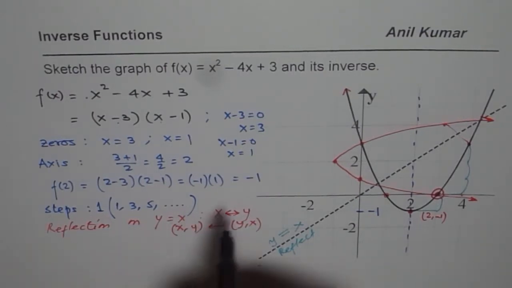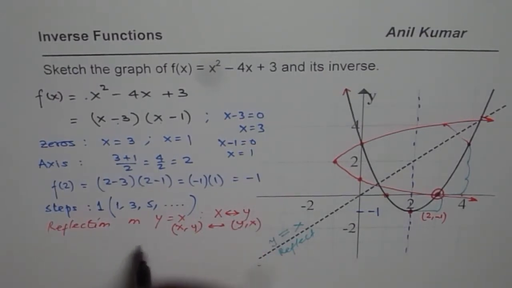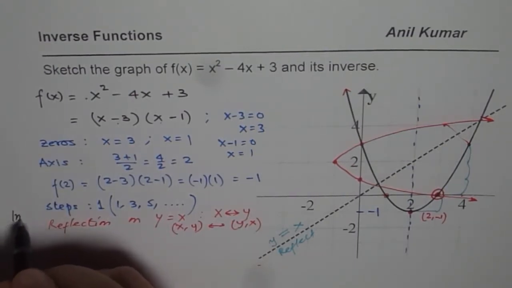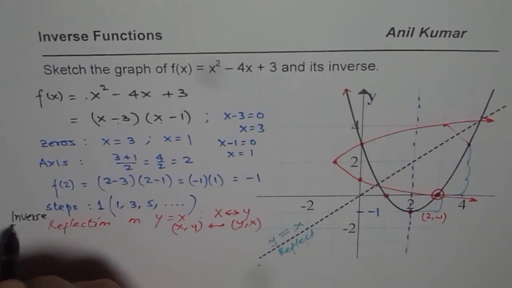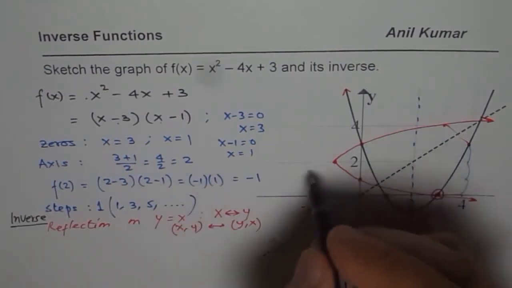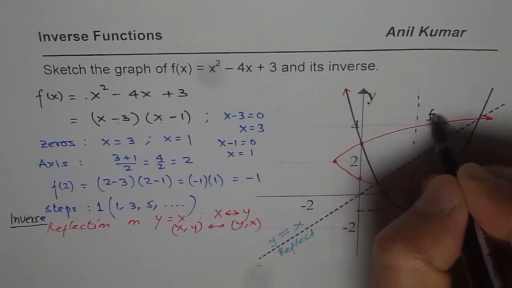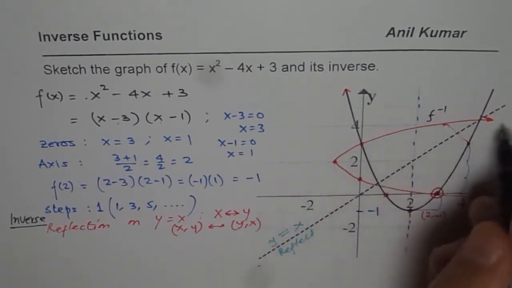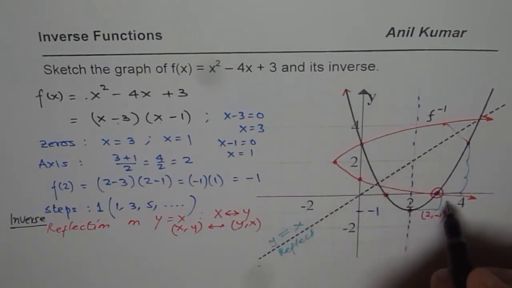So we sketched the graph of the parabola's inverse using the concept that the inverse is a reflection on y equals x. That is the concept for inverse. Since it is not a function, I'm not writing an equation, but it's a combination of two square root functions. I hope you understand and appreciate that part.